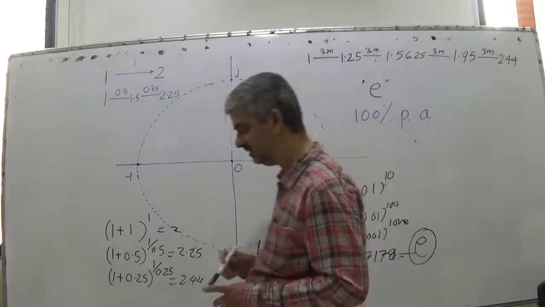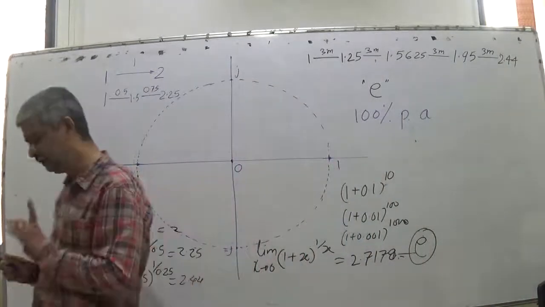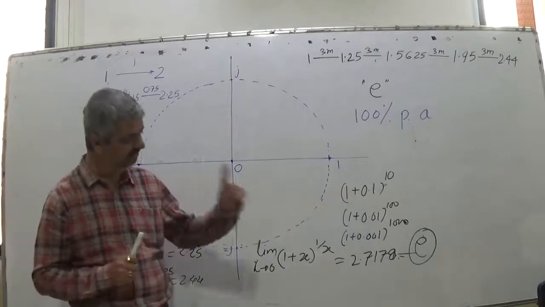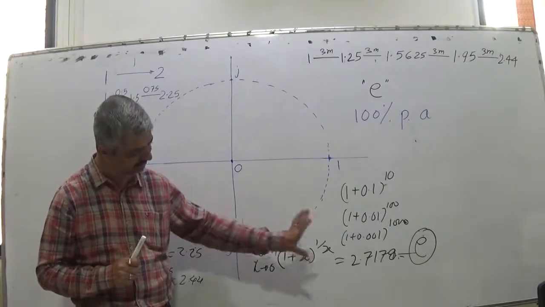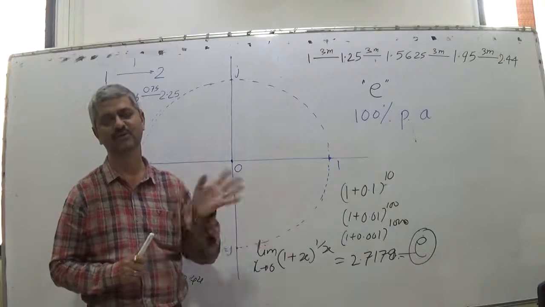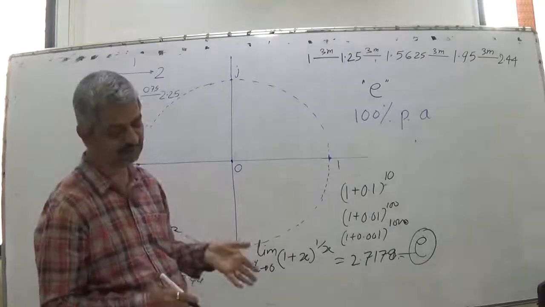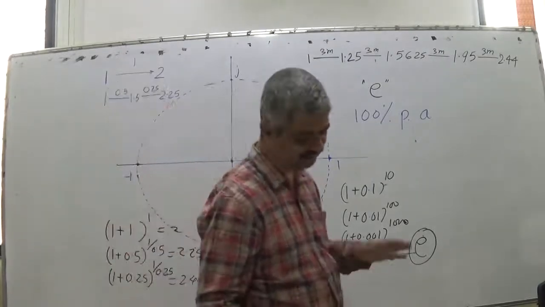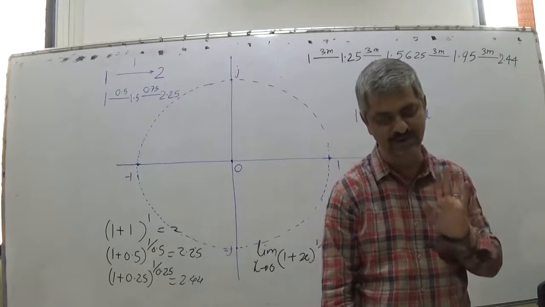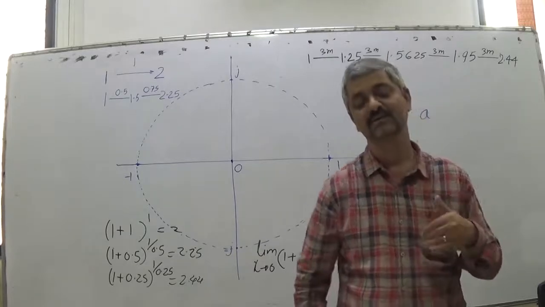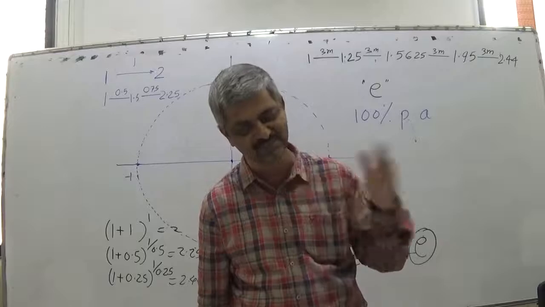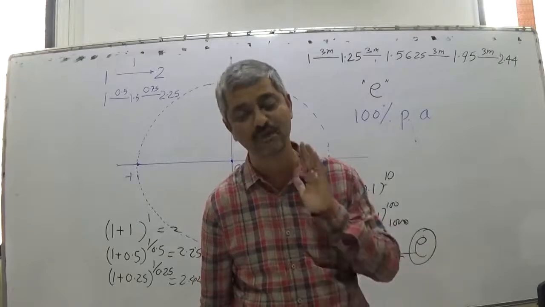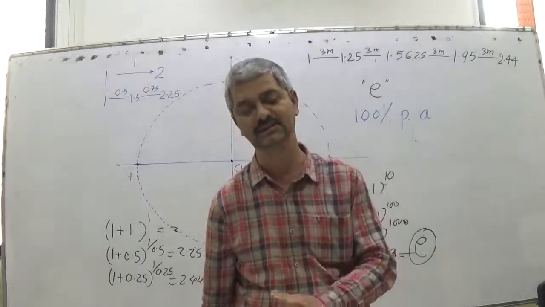It is not rational, it cannot be expressed in P by Q form where P and Q are integers, but it exists. It is a fixed number. The amount will not rise by leaps and bounds. There is a limit of compounding of interest, and that limit is E.